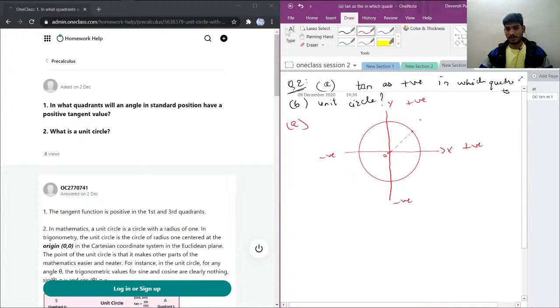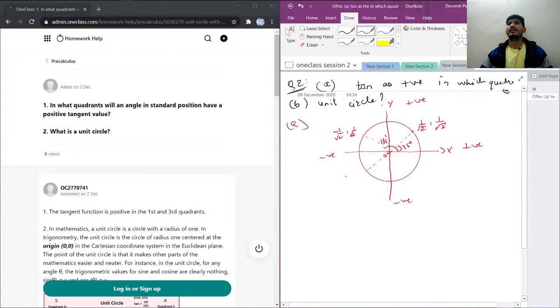Let's say the coordinate at 45 degree is in this it will be 1 over root 2, 1 over root 2, and for here for 135 degree, we have x will be negative and y will be positive here.